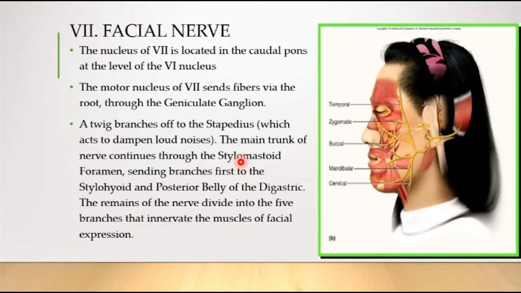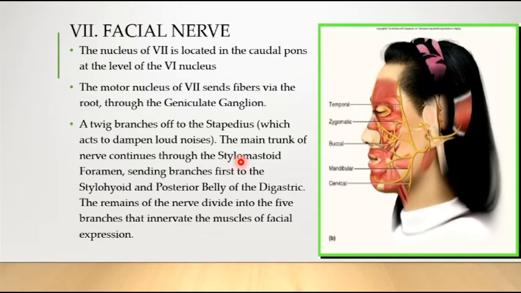In some patients with stroke, you can involve the facial nerve nucleus, but in the majority of patients, most of the cortical strokes or lacunar strokes, capsular strokes, these strokes actually involve the fibers, the upper motor neuron fibers, and that is why it's important to distinguish between upper motor and lower motor neuron facial neurosis.